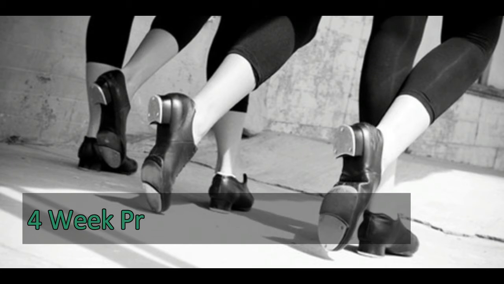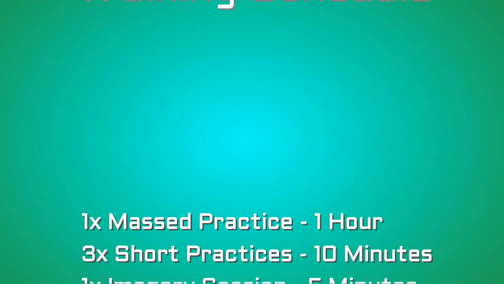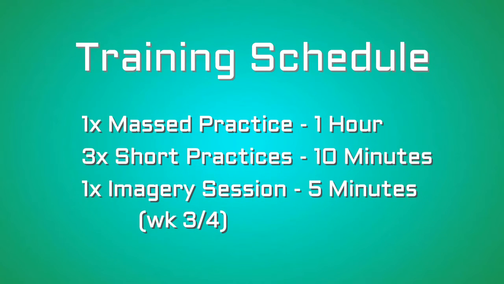These are the verbal keywords that will be used through the program to enhance the novice's learning, especially during week 1 of the program. During the 4-week program, the learner will undertake 1 mass practice with the teacher of 1 hour with 3 shorter practices of 10 minutes at home.